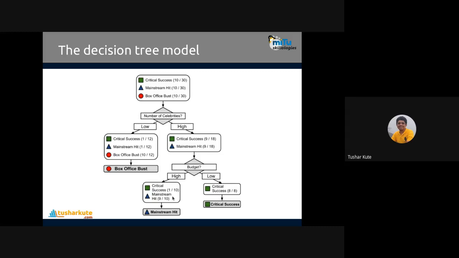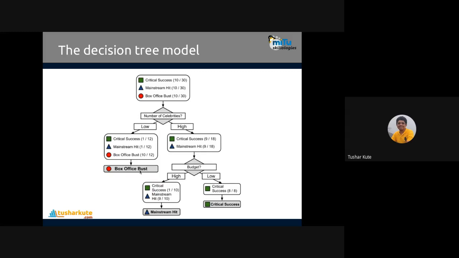In this case also, the decision is finalized with the mainstream hit. Why? Because 90% of the data is in mainstream hit here. That's it. 90% of the data is in the mainstream category. So the decision is finalized with the mainstream hit. Now you can check the leaf nodes.